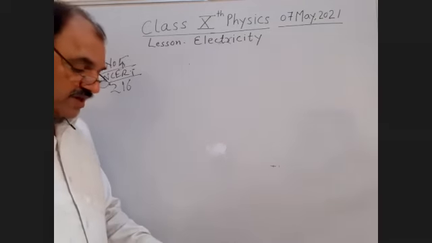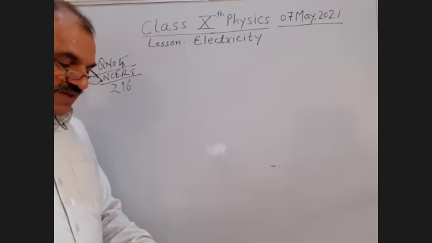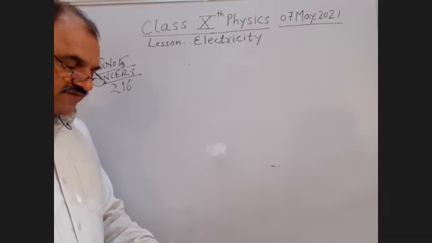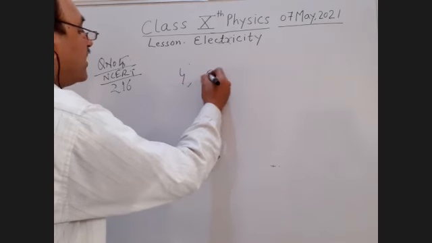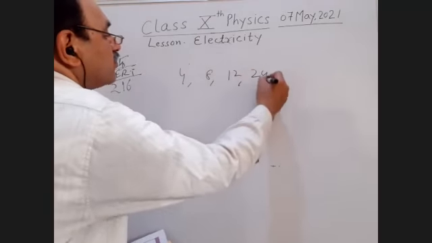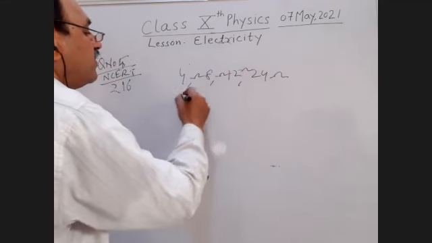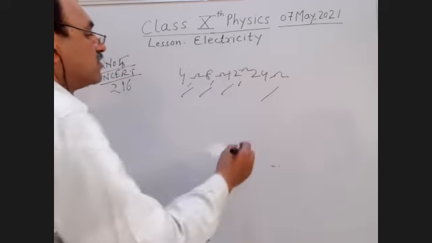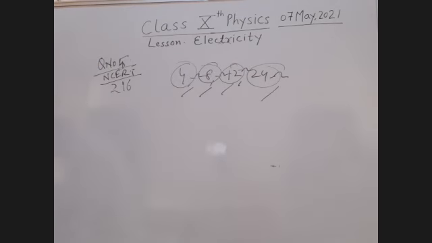What is the lowest resistance that can be secured by combinations from the coils of resistance 4 ohm, 8 ohm, 12 ohm and 24 ohm? Is it clear, students? Now they have given the 4 resistances.